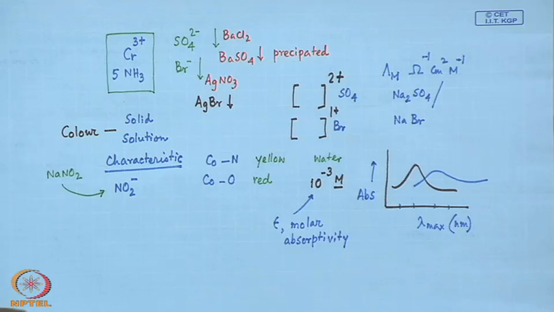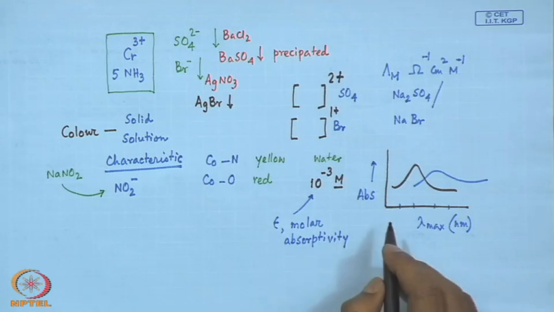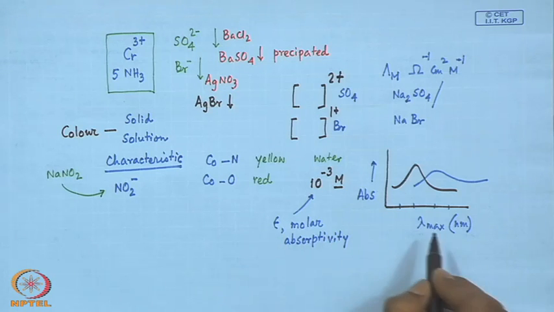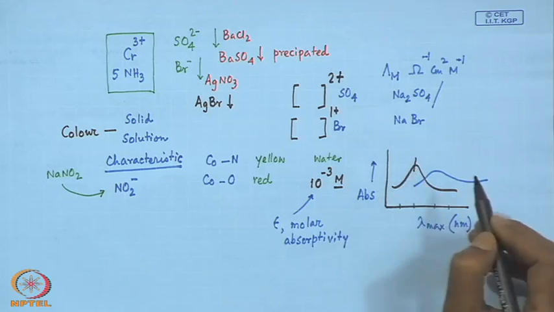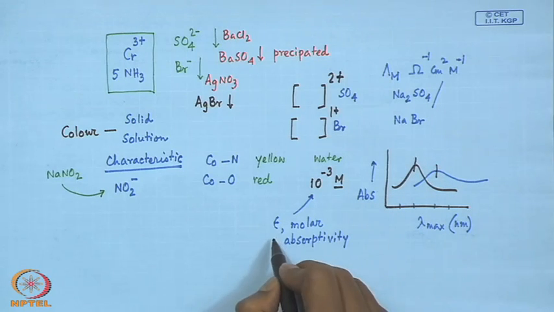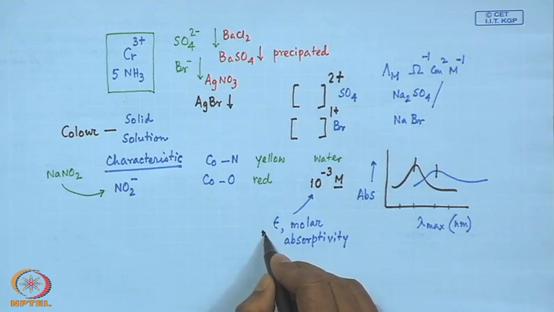So, for these two compounds, even in solution, we can give two characteristic values, one is the corresponding epsilon value and the other is the corresponding lambda max value. Whenever we report the lambda max for one compound and another lambda max for the other compound, we will also report the corresponding epsilon max.